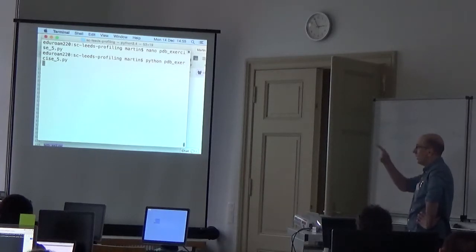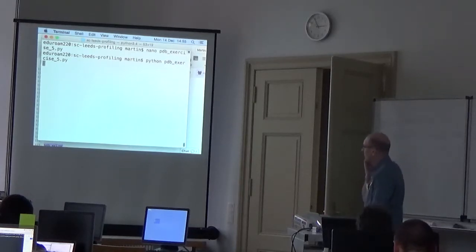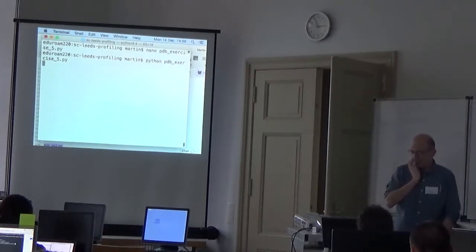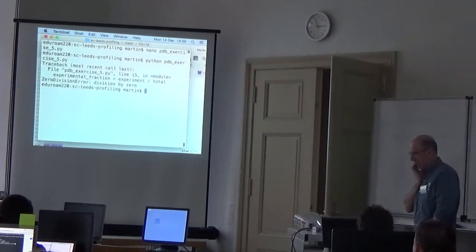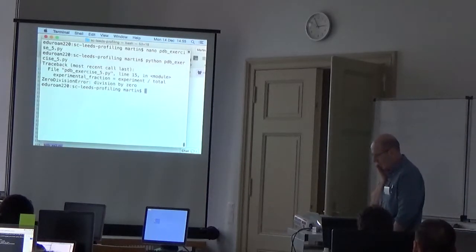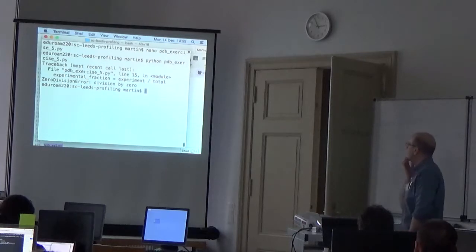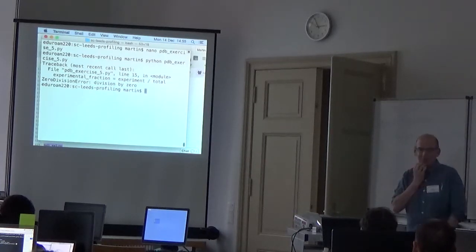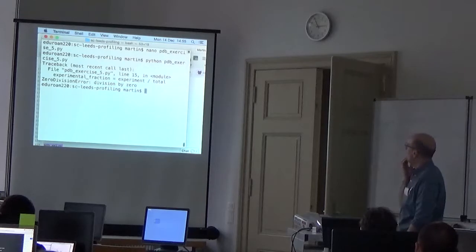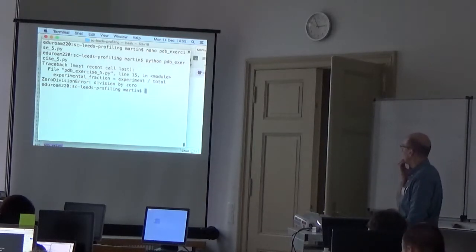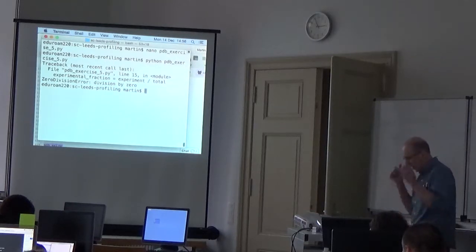So it's actually called that function several times, but every time it does it, it's waited 5 seconds. Oh, there we go. Oh dear, we've got a problem, haven't we? Zero division error, division by 0. Oh, that's helpful, isn't it? So something's wrong with my experimental fraction equals experiment over total.